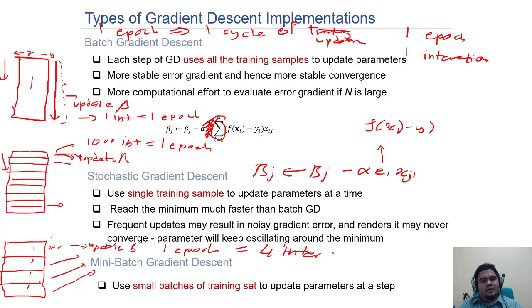For stochastic, this one is first loop, second loop, until 1000 loops. So 1000 iterations, one epoch. For batch, one epoch equals 1 iteration. For mini batch, 1 epoch equals 4 iterations. This last one is the common one that has been used in deep learning. They always use the mini batch gradient descent approach.